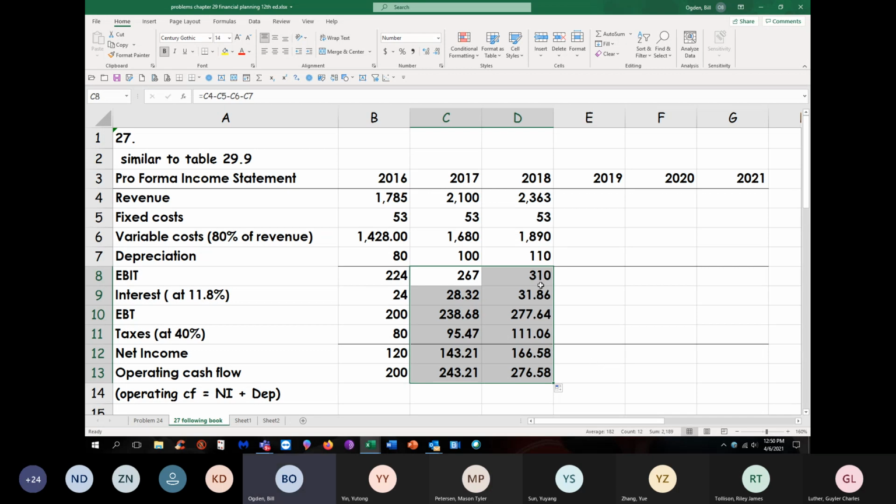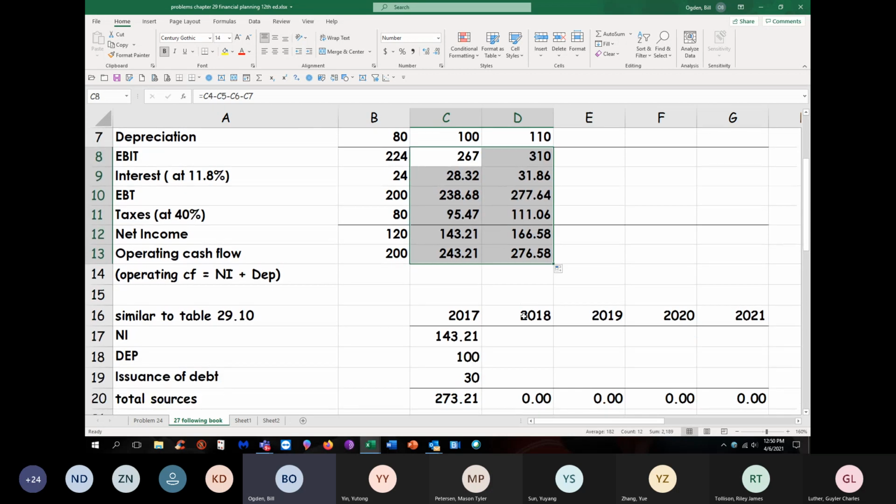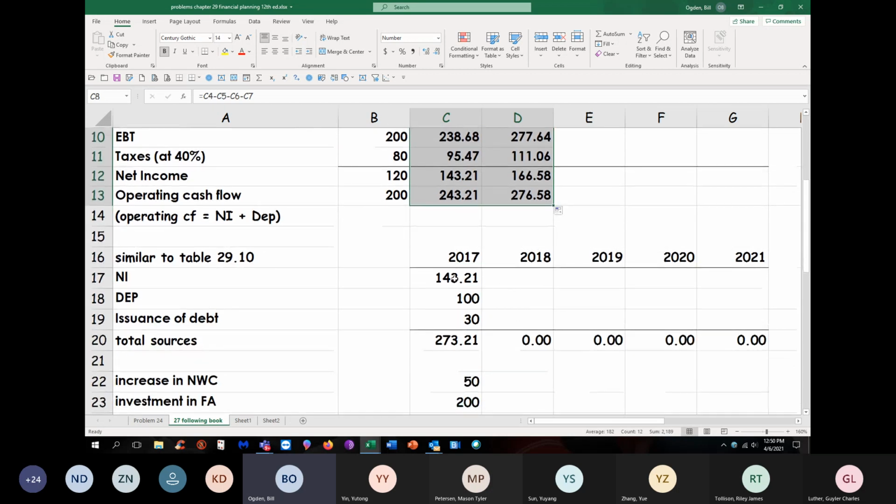All right. Now we have to analyze what amount of external funding will be required. So these two are the same. Okay, and now the sum says that we have 276.3 in funds in sources.